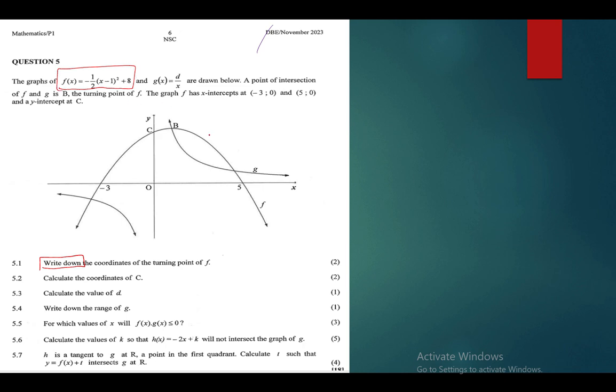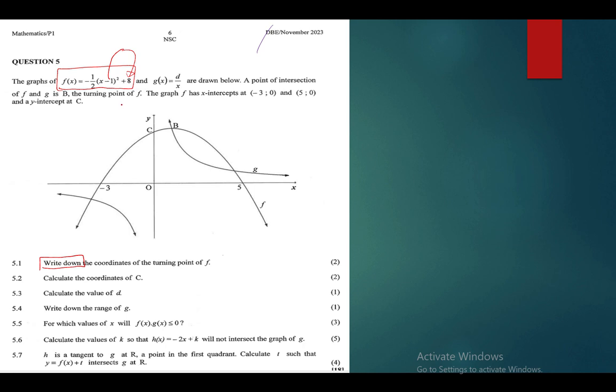So the examiner wants you to write down the coordinates of the turning point of f. This is simple maths. Normally the first question should be simple, guys. Your turning point here is this guy here. This one is the x turning point, and this y here is the y turning point.